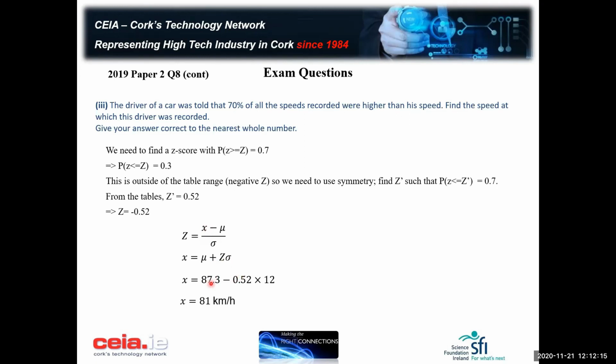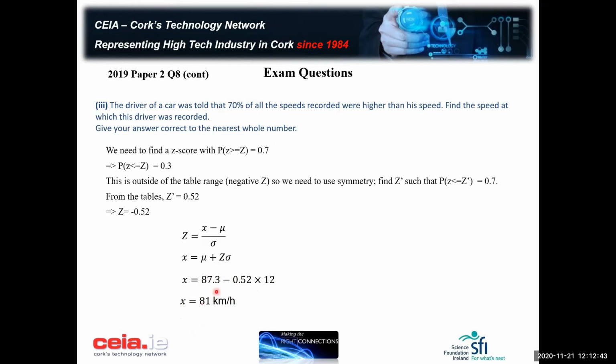Again, using the same mu of 87.3 and sigma of 12, and you find 81 kilometers an hour. And that tells you that 70% of speeds were higher than 81 kilometers per hour. So this is the speed he was traveling at in order for 70% to be faster than him.